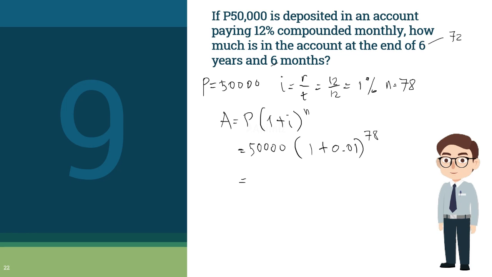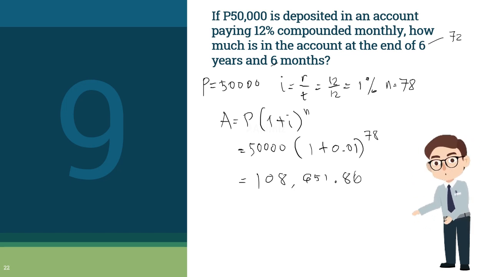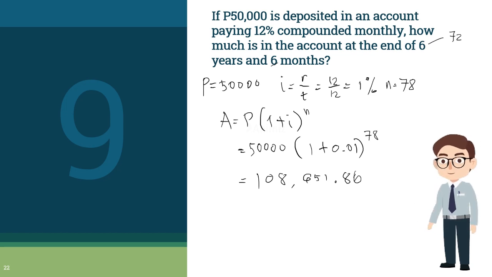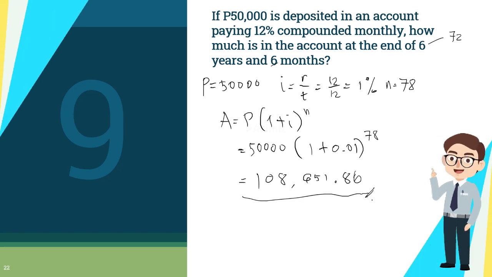Using our calculator, we will now have the value of 108,651.86. After 6 years and 6 months, we will now have the amount of 108,651.86 in the bank or in your account.